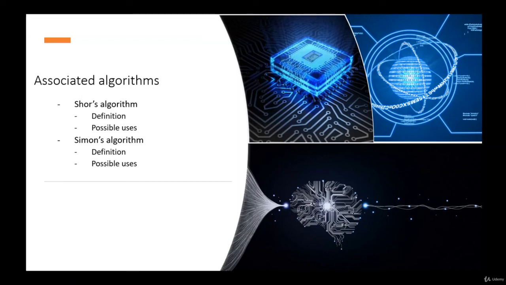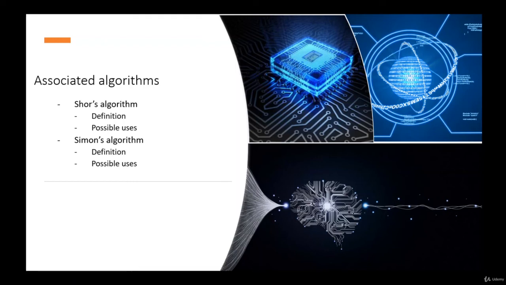For both of those algorithms, the use can be in, for example, quantum research. There are places where you can use those algorithms, and it can be used in real life, but it's usually used in research. It can be used, for example, in physics, in mathematics, in engineering, in electricity.